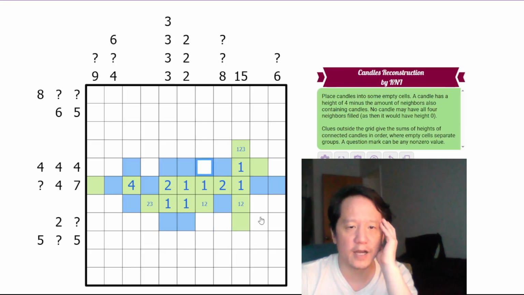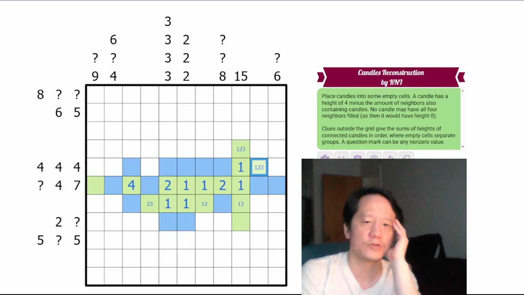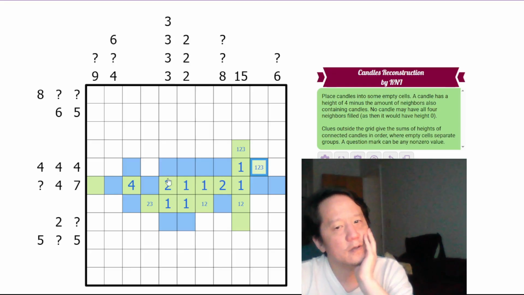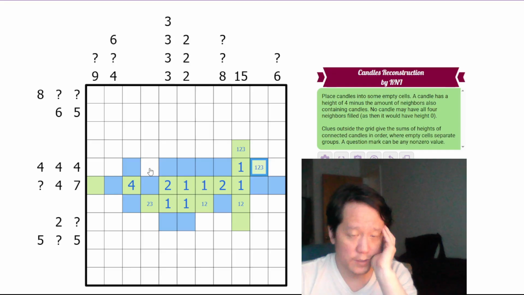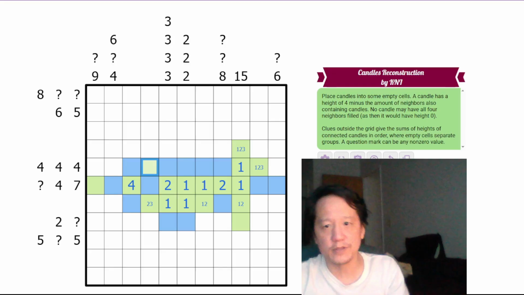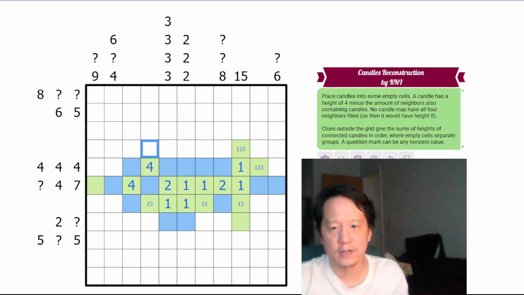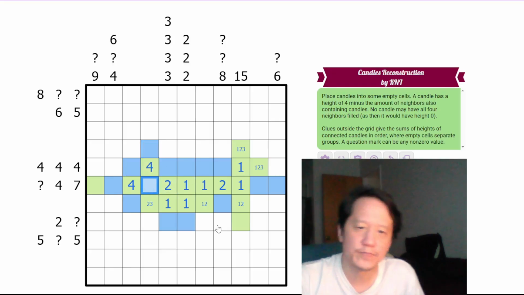This cannot be 4 because it would have a neighbor with a candle. So it's at most 3, so this cannot be boundary. This is either 1, 2, or 3. So we have to have a 4 here. So this must be here, and that's 4, which makes that no candle.